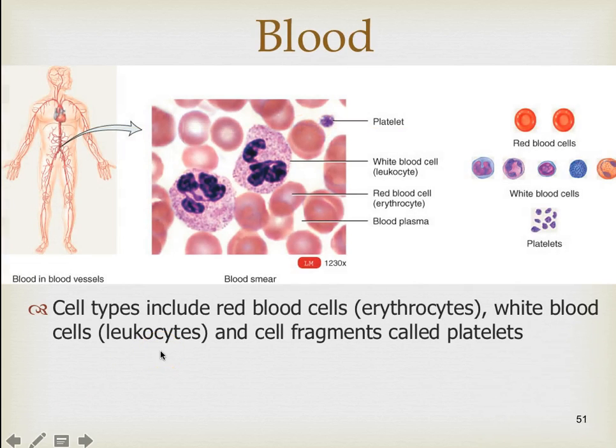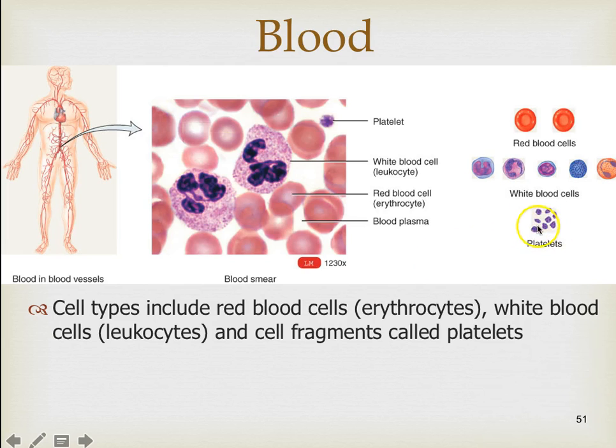The main job here, red blood cells transport oxygen to and from cells. That is their main job. Leukocytes, on the other hand, are there for immune protection.